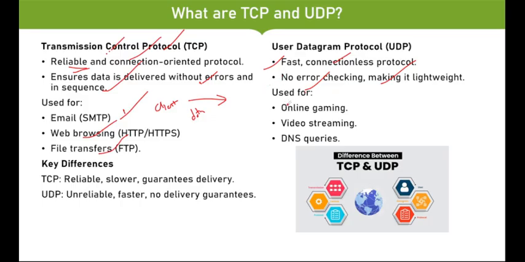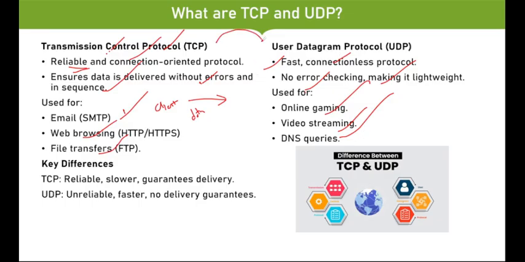Let's say if I am on a video call and whatever I say is not going through immediately, then it is of no use. So that's why here we use the UDP protocol, User Datagram Protocol. It is used for video streaming, online gaming, and DNS queries.